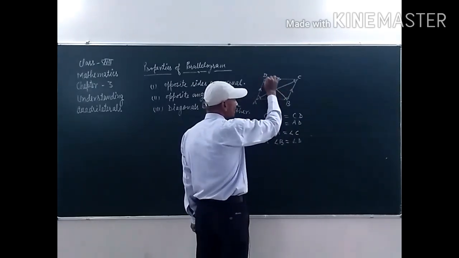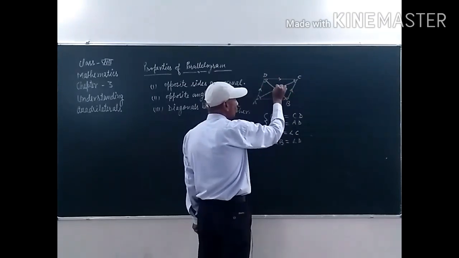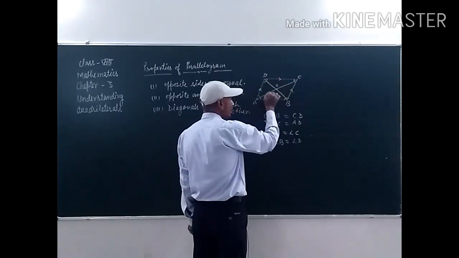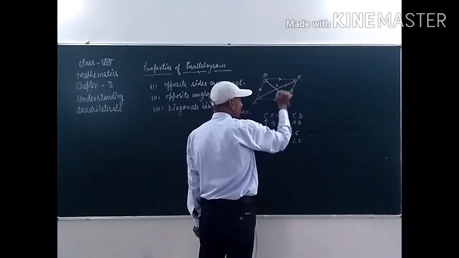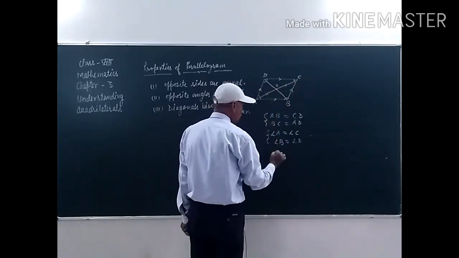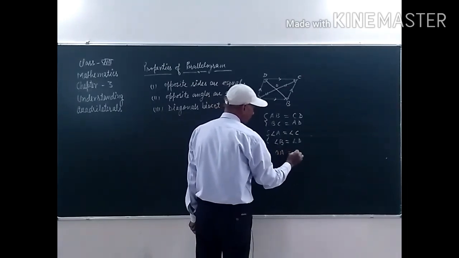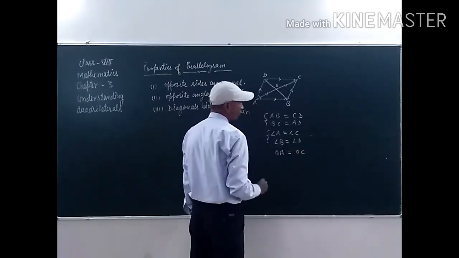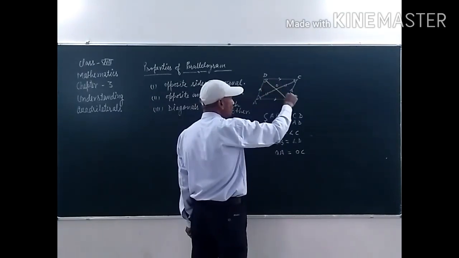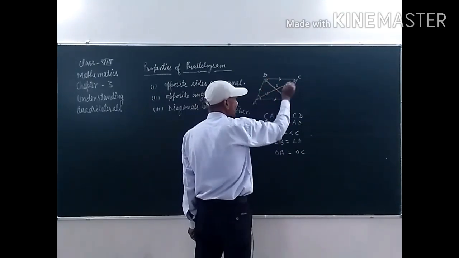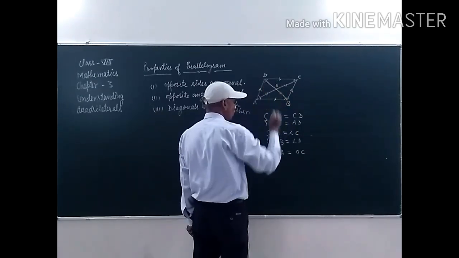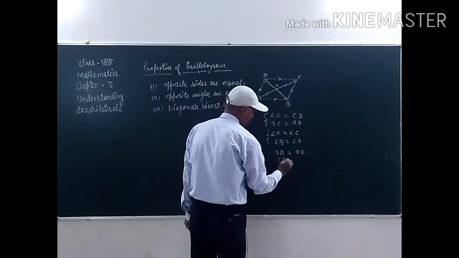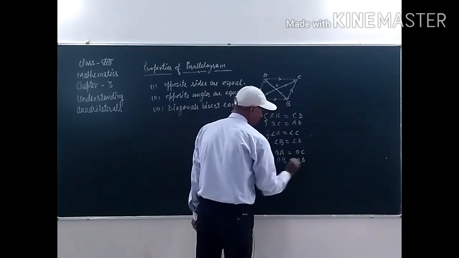Suppose they intersect at O. It means OA is equal to OC, and in diagonal BD, AC bisects this. So OB is equal to OD.